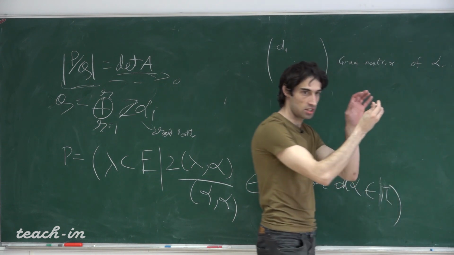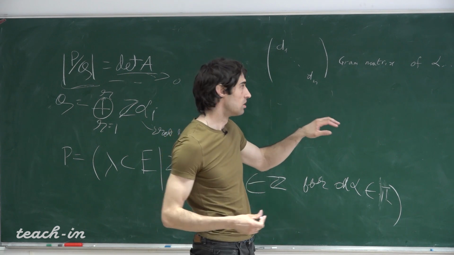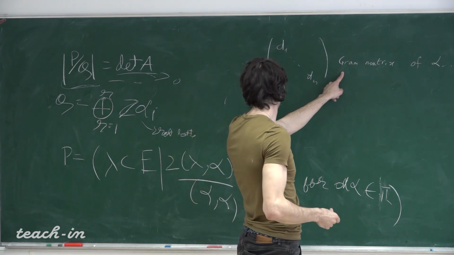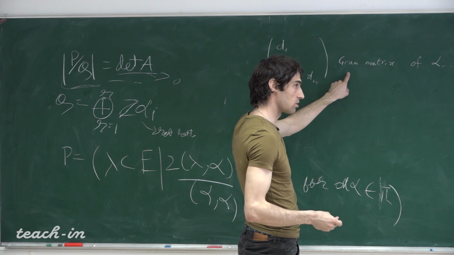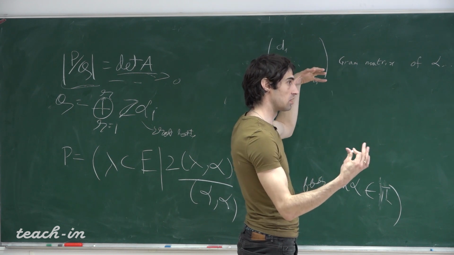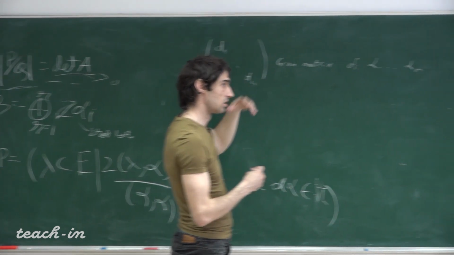The Gram matrix is the matrix with elements alpha i, alpha j. The determinant of the Gram matrix is positive, because it defines an inner product for us.